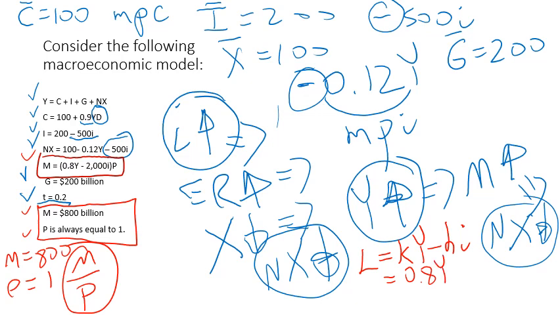Y. What's H? 2000, followed by I. All right. So again, the ones marked in red are applicable to the money market, and the terms marked in blue are applicable to the goods and services market. All right.